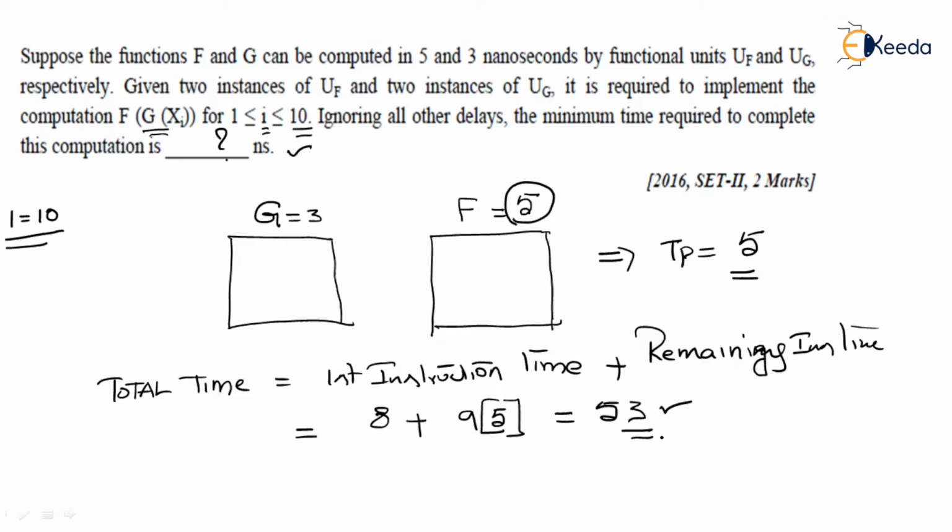10 instructions. But if you have a look, there are actually 2 instances of G and 2 instances of F, which are going to run parallelly. Now look at the actual scenario of the pipeline.